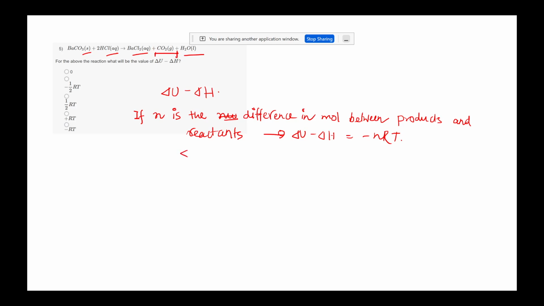So delta n should be n products minus n reactants. That should be 1. So that should be minus RT. Okay. So option 5 or option E is the correct answer. Okay.